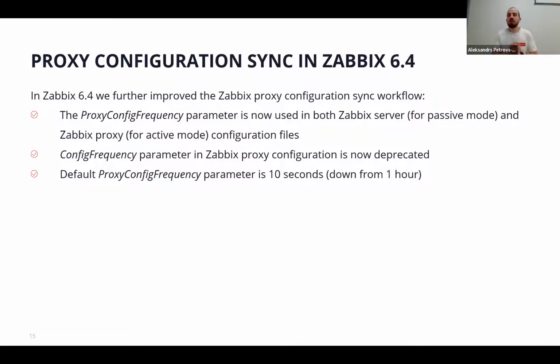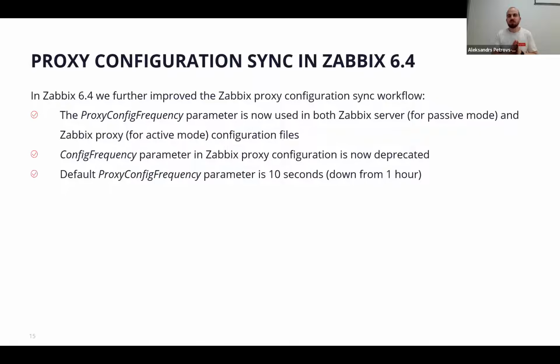So a new way of syncing the configuration was introduced, which is based on the parameter proxy config frequency. It's a new parameter. You can find it in the Zabbix server configuration file when we're talking about passive proxies in this case, and in Zabbix proxy configuration files if we're talking about the active proxies.